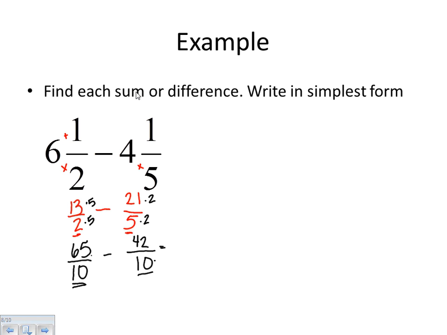So we're actually going to subtract 65 minus 42, and we get 23 over 10. Excuse me. And so we can leave it as 23 over 10 as long as it's in its simplest form, and in this case it is. Or we can write it as a mixed number, which is 2 and 3 tenths.